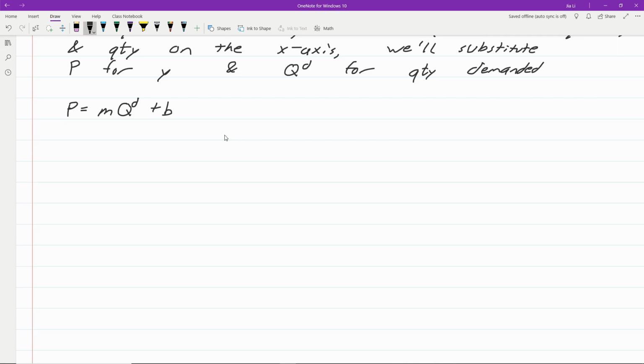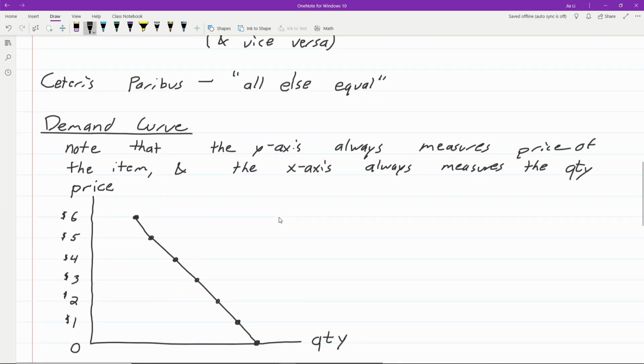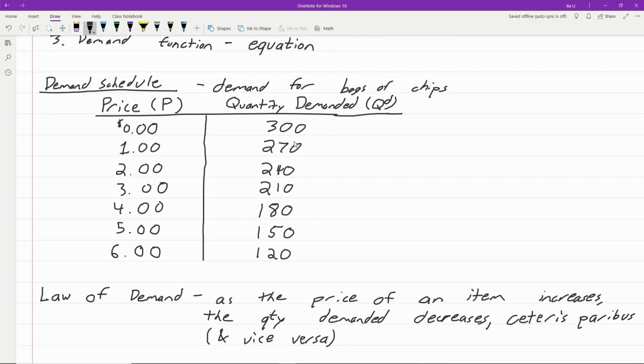So remember that the slope is rise over run, right? So in the bags of chips example, let's just use these first two rows as our x and y coordinates.